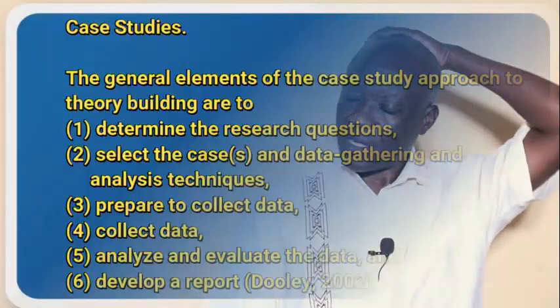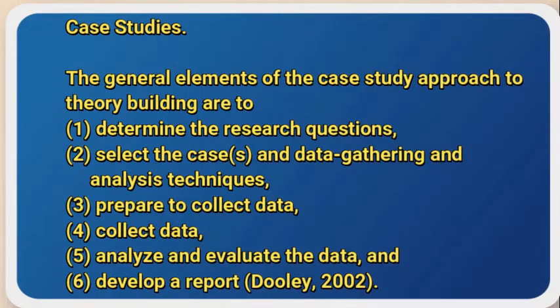So the general elements of the case study approach to theory building are to determine the research questions, select the cases and data gathering and analysis techniques, prepare to collect the data, analyze and evaluate the data. So if you're talking about case studies, then those become very critical, and you end up with developing a report. Now, with these generic elements, it is easy to see that the case study approach can accommodate any or multiple specific techniques within this framework.